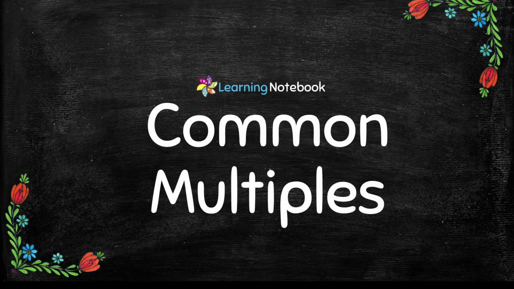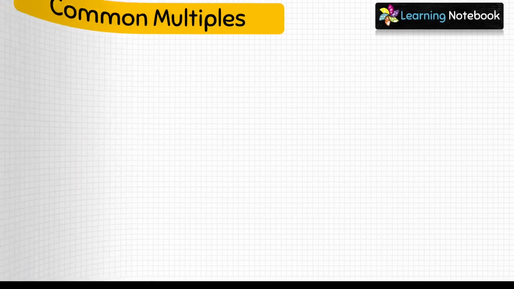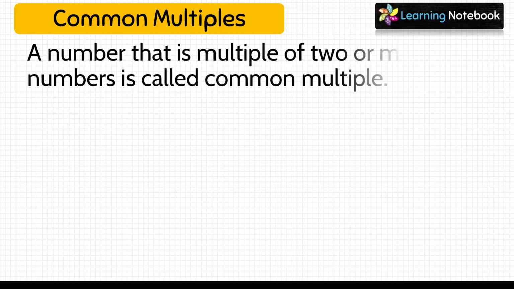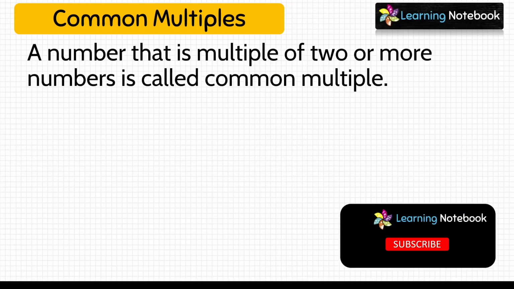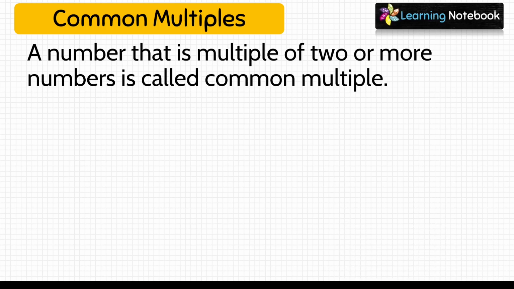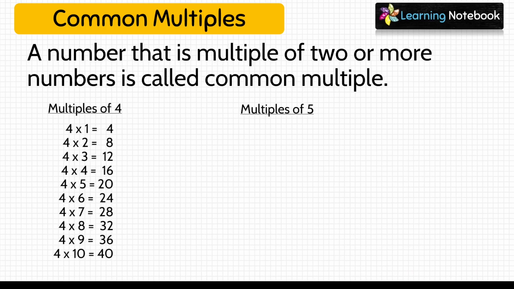Now, let's see how to find common multiples. So what are common multiples? A number that is multiple of two or more numbers is called a common multiple. For this, let's consider multiples of 4 and multiples of 5.